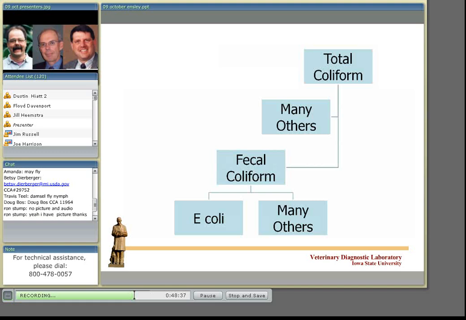And this is a little bit of a breakdown of how we looked at what was in the coliform population, and that the E. coli 0157 is a subpopulation of bacteria that's in the total coliform that we looked at.